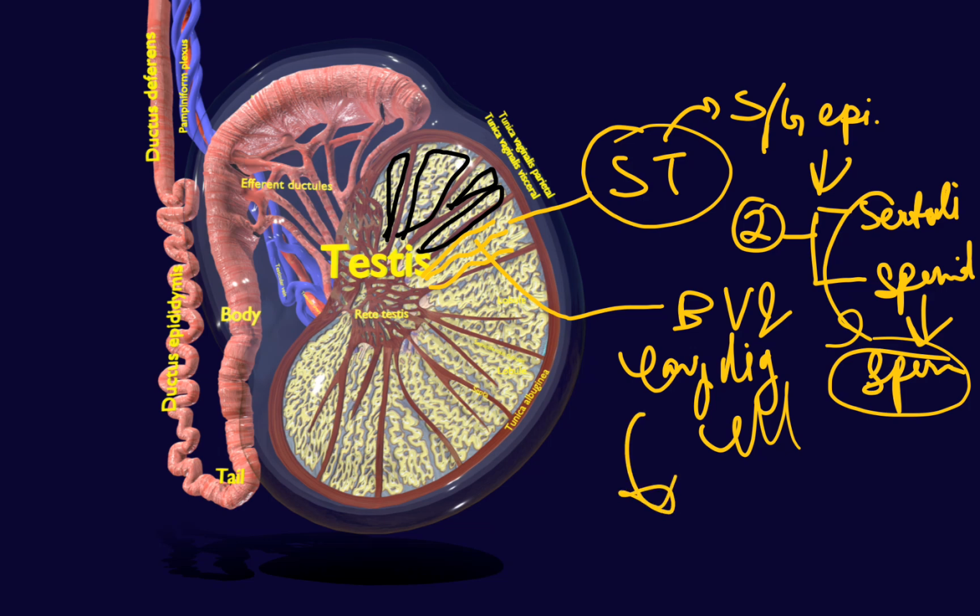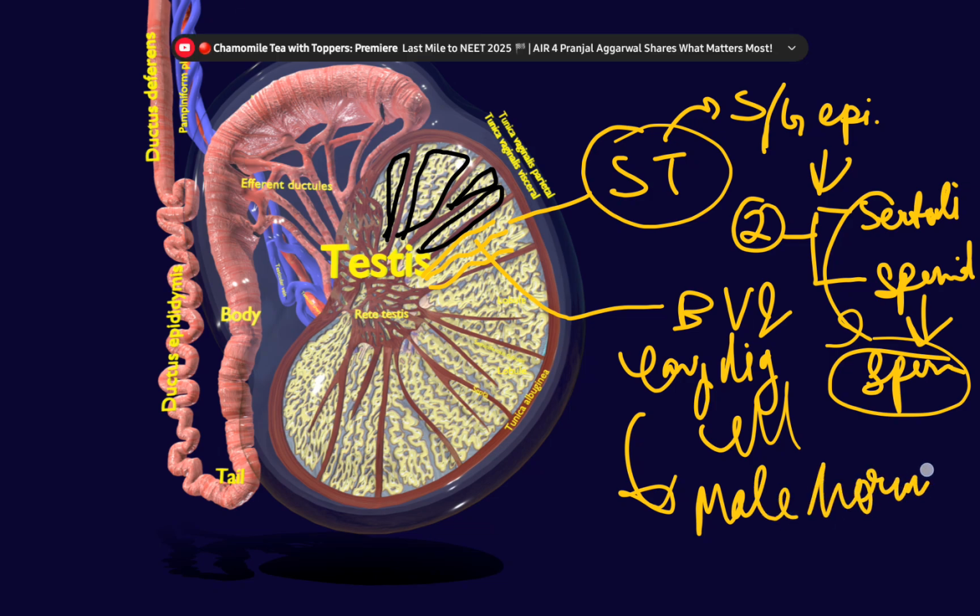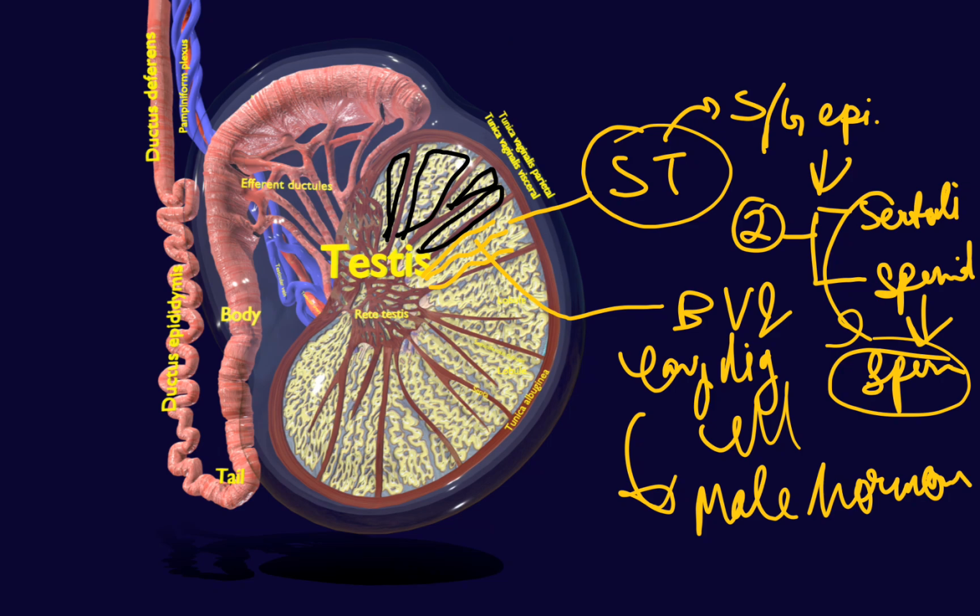The function of Leydig cell is to produce male hormone, also known as androgen, of which testosterone is the principal one. Okay, that was all about testes.